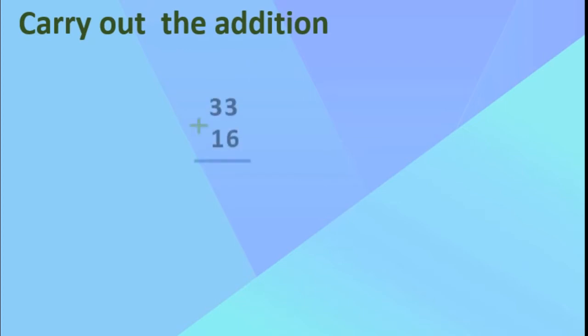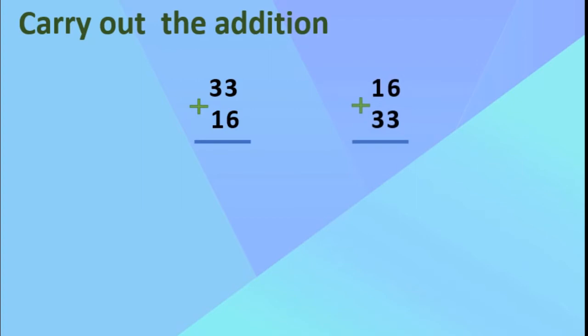Carry out the addition. See dear students, here I have not written the units place and tens place. Directly we will write the numbers: 33 plus 16. One more sum is there, that is 16 plus 33. Please see this carefully.